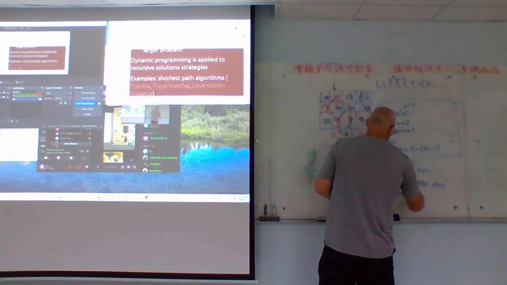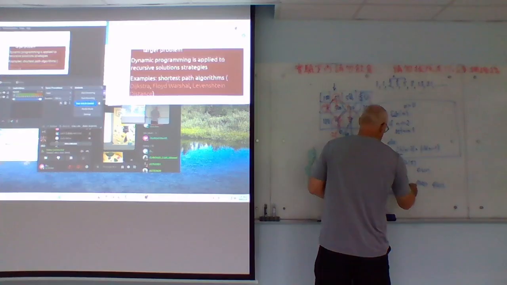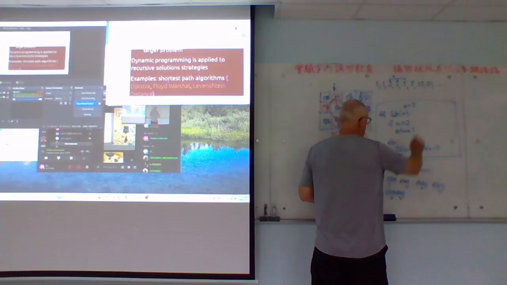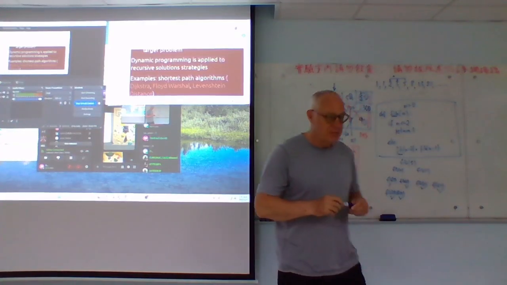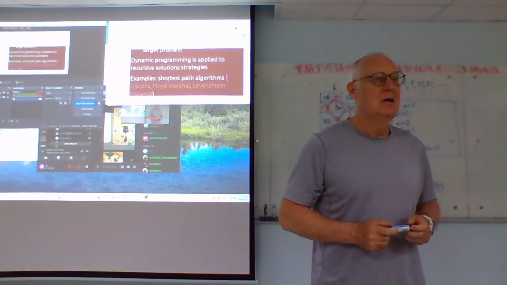Here, I calculate Fibonacci of 1. No, Fibonacci of 2 is base case. And Fibonacci of 1 is a base case, base case, base case. And then all of that gets passed back up the stack, and I can finally return my answer.